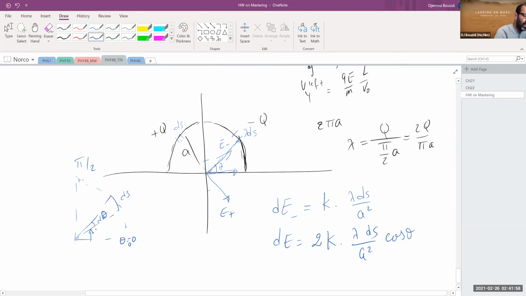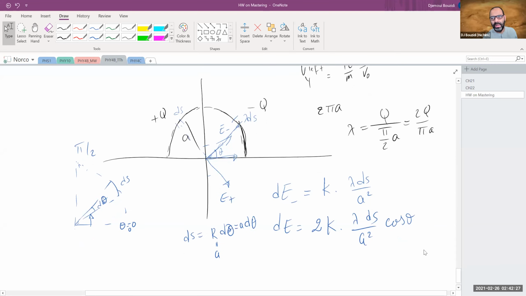The arc distance is related to the angular displacement by an equation that you saw in physics, s equals r theta, where r, the radius, in this case is equal to a. So the arc displacement is a d theta. If you move just a d theta, that is the displacement on the arc. If you move 2 pi, it's 2 pi times the radius, which gives you the whole circumference.